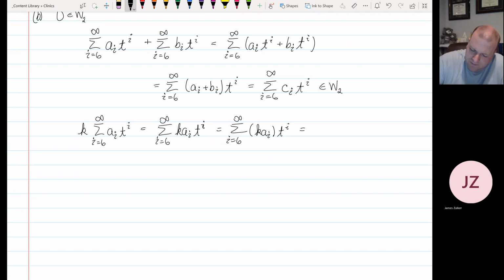And now we just say, okay, well, K a sub i, we're going to call c sub i. And that is clearly a polynomial of degree at least 6. So it contains the zero vector. It's closed under addition. It's closed under multiplication. So W2 is a subspace.